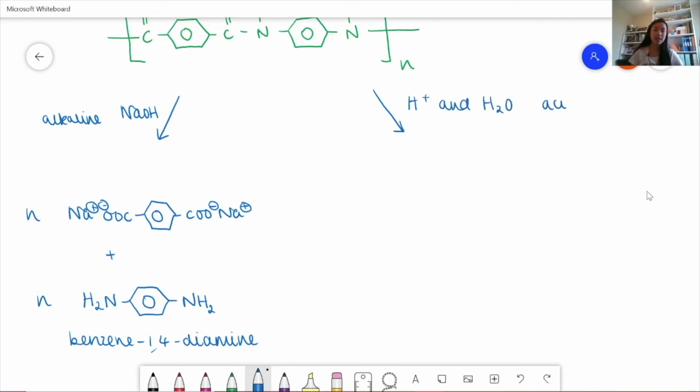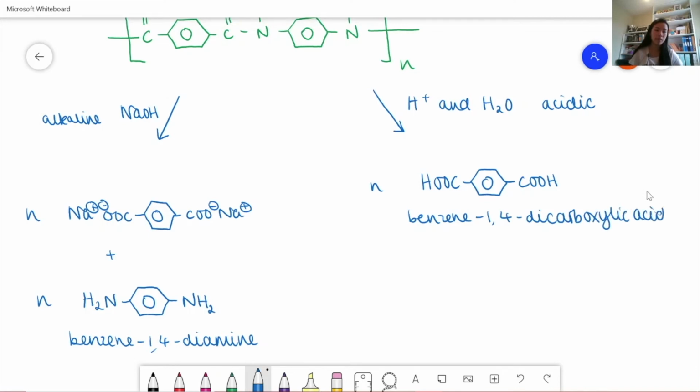And when we hydrolyze it using H+ and water, so this is acidic, what we form is N numbers of the dicarboxylic acid instead of the salt. So we have the carboxylic acid group, and then we have a benzene, and then we have another carboxylic acid group on the other side. So this is benzene 1,4-dicarboxylic acid, and we also form n amounts of, again, the diamine, so the same diamine as we had when we hydrolyzed it using sodium hydroxide.